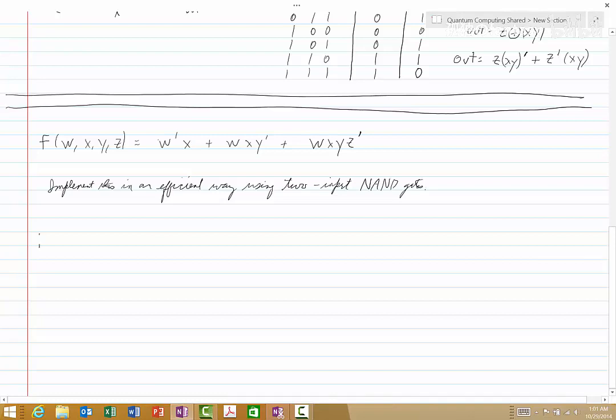Well, we would simply rewrite f in this fashion. We could say this is w prime x, and remember we can always AND a term with 1 without changing its value. So we could AND this with y or y prime, and we could also AND it with z or z prime.